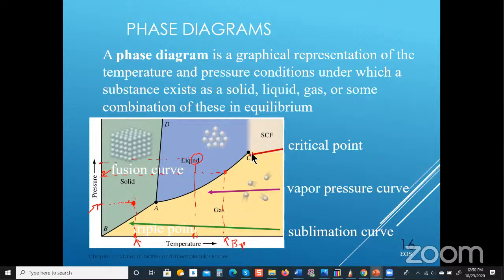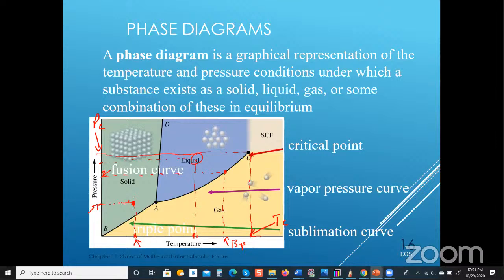So the critical temperature, TC, is down here, and the critical pressure, PC, I'm sorry, would be here. And remember what we said about the critical point? At that temperature and beyond, and that pressure and beyond, you cannot detect a distinction between the gaseous state and the liquid state. Okay.